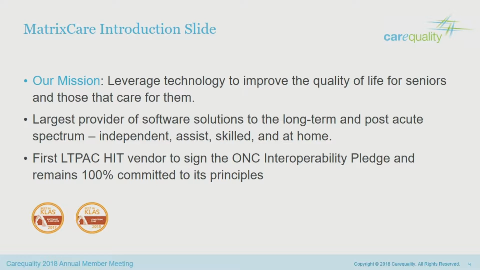Matrix Care is the largest long-term post-acute care software provider, all the way from home care, independent living, senior living or assisted living, skilled care, and a lot of ancillary products that support all of that, installed at somewhere around 14,000 different locations.